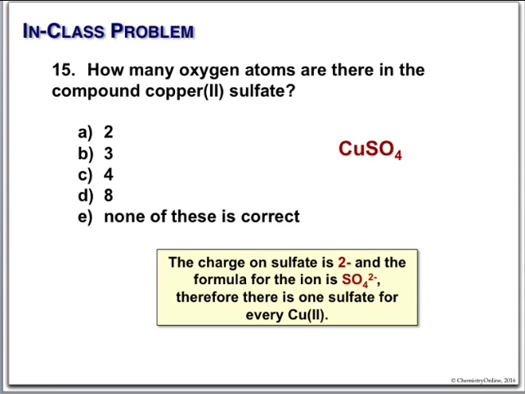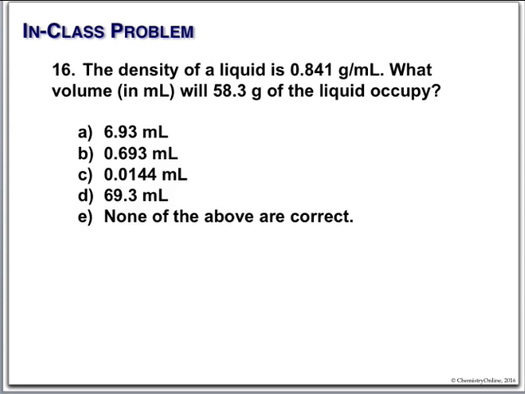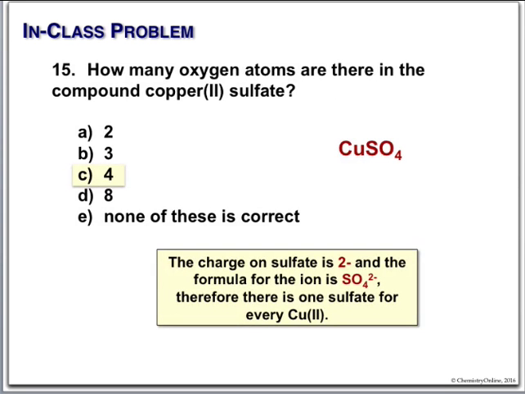Well, by gosh, we can all count 4. Any questions? Copper 2 is a +2, sulfate's a -2. They pair up 1 and 1, 4 oxygens. So they delete each other. The twos. That's +2, -2. So one copper, one sulfate.